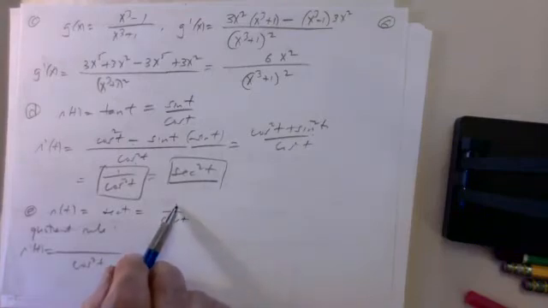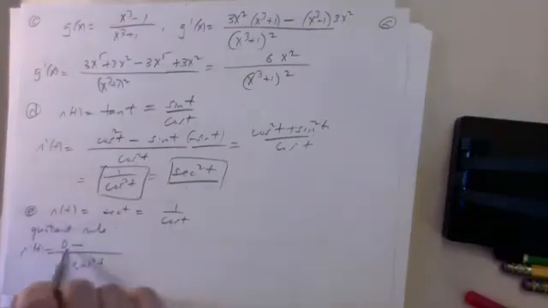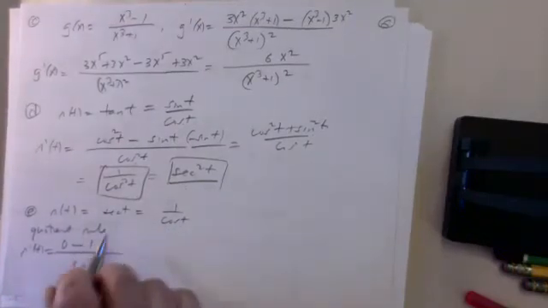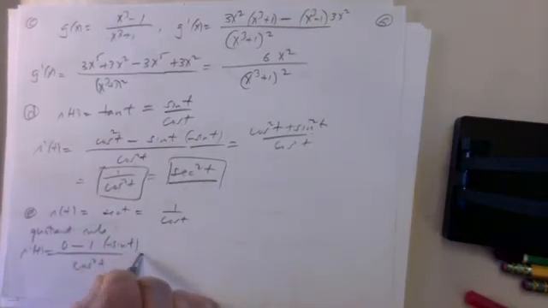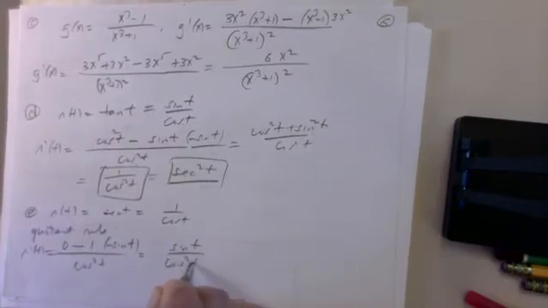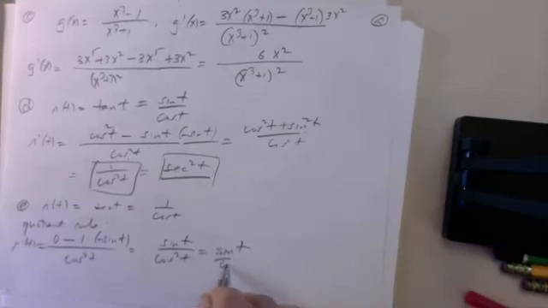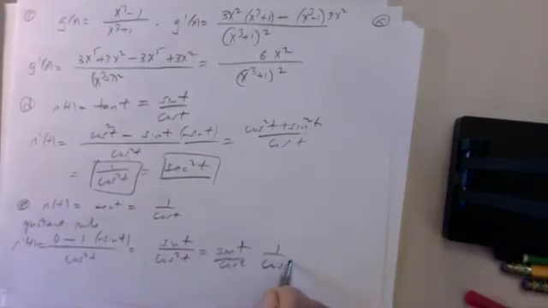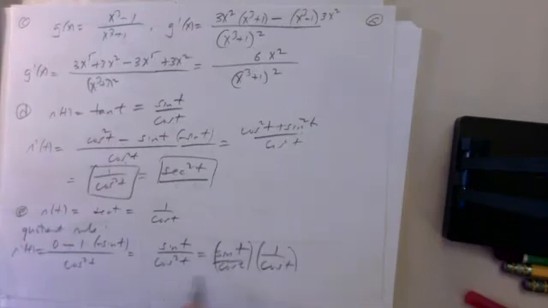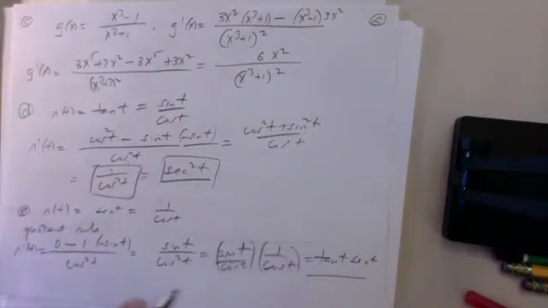The derivative of the numerator, but the derivative of 1 is 0, minus 1 times the derivative of the denominator, which is minus sine t. Minus times minus is plus. So this is sine t over cosine squared t, which is sine t over cosine t times 1 over cosine t. This is okay, but if you write it like this, you also get tangent t secant t is the derivative.